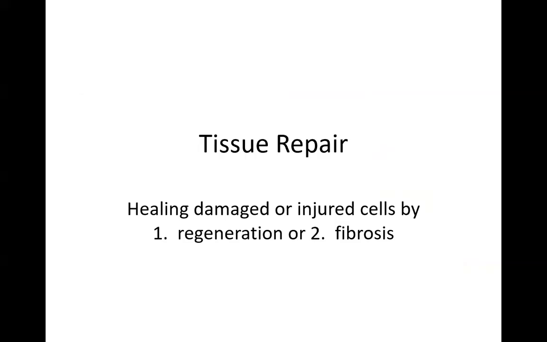And fibrosis is when we heal in a tissue that is not regenerative, like the neurons, the nerve tissue. Or maybe even a regenerative tissue like the skin, but the injury was so deep, like a burn or a laceration that went so deep, it cut the top layer, the epidermis, the layer below it, the dermis, and the layer below that, the hypodermis.